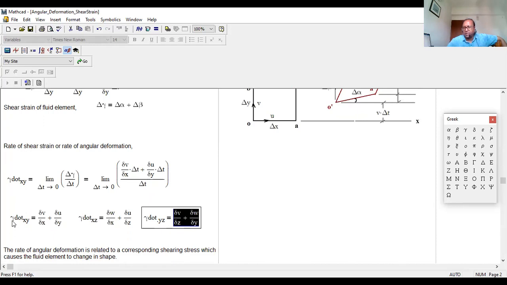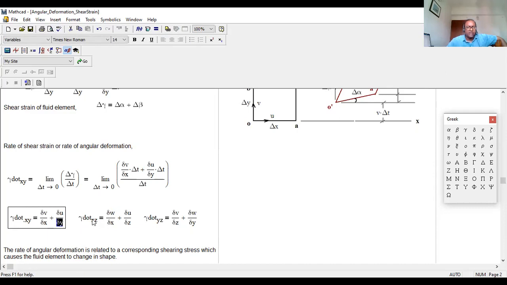Gamma xy, gamma dot xy. So you will have derivative x, and you have to take velocity y, del v by del x, plus then you take derivative del y. You divide by del y in the bottom, and your velocity has to be other axis, that means del u.